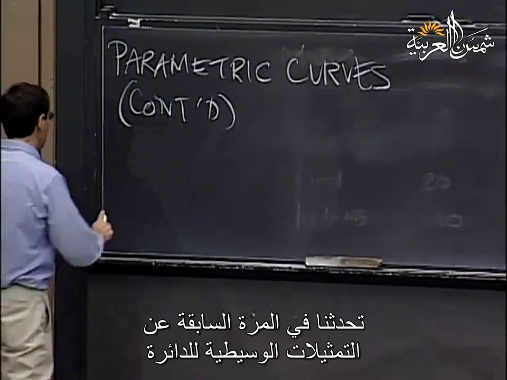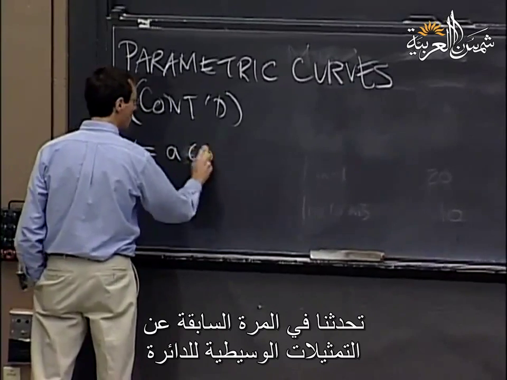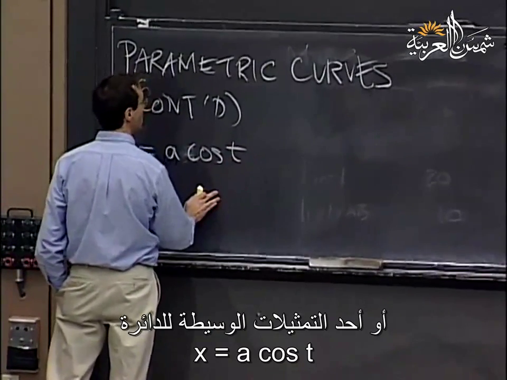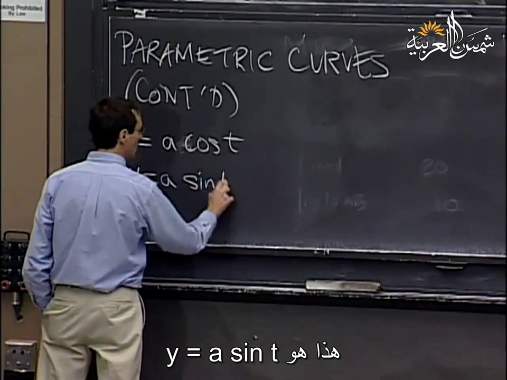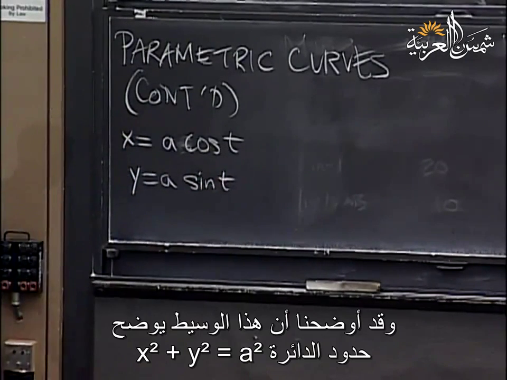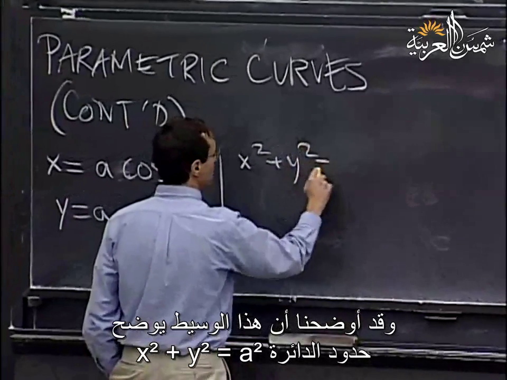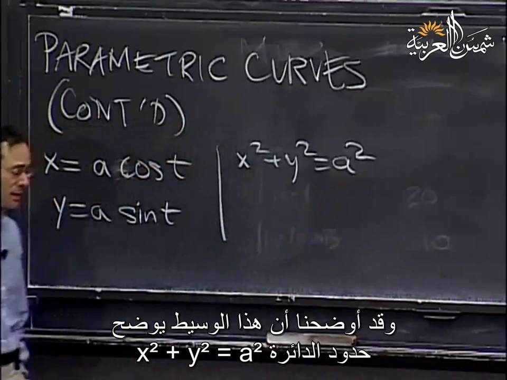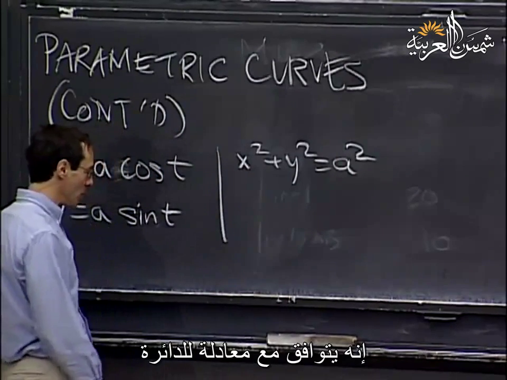Last time, we talked about the parametric representation for the circle, or one of the parametric representations for the circle, which was this one here. And first, we noted that this does parametrize, as we say, the circle. That satisfies the equation for the circle.